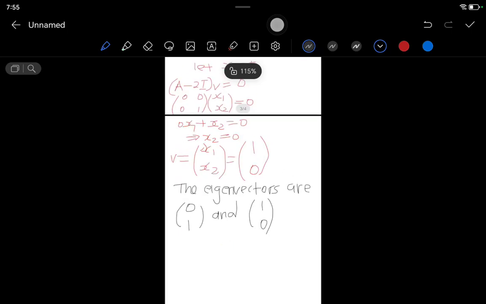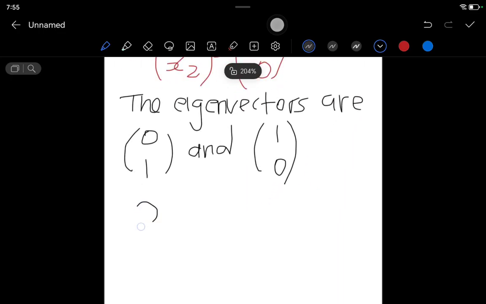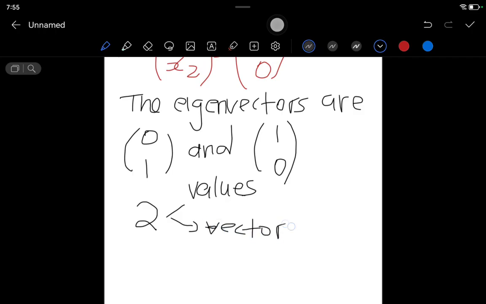You see, right? These are the eigenvectors. Now we have two eigenvalues and we have two eigenvectors. And we're in a 2 by 2 matrix.